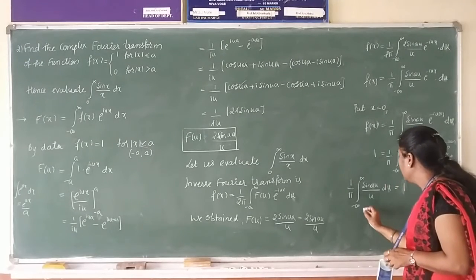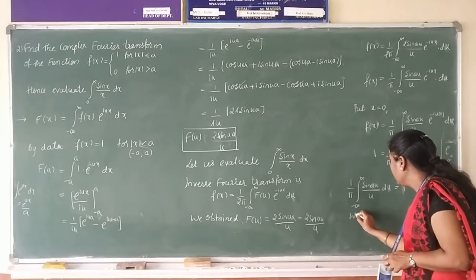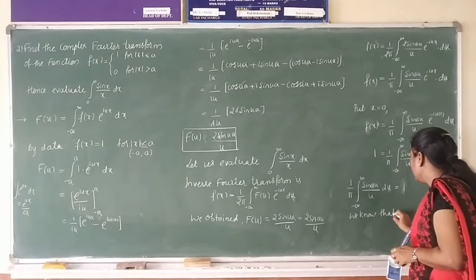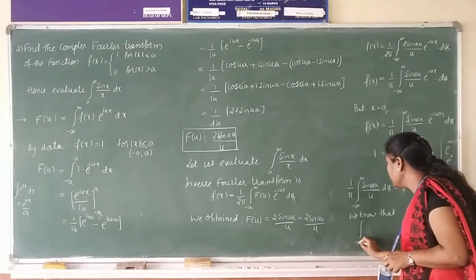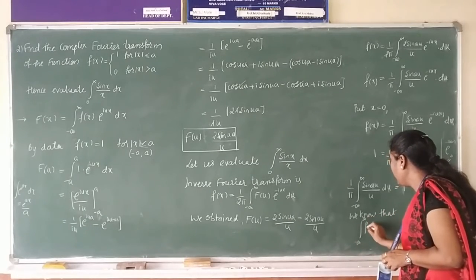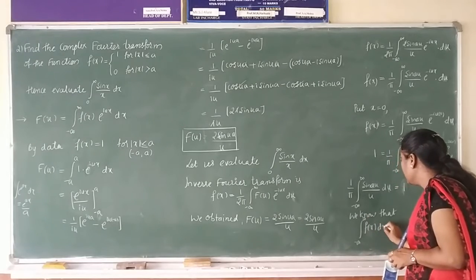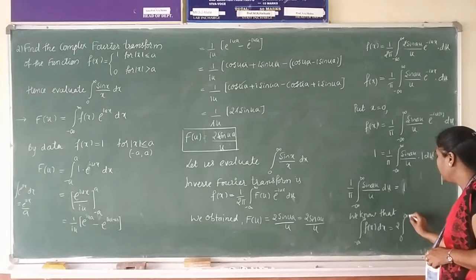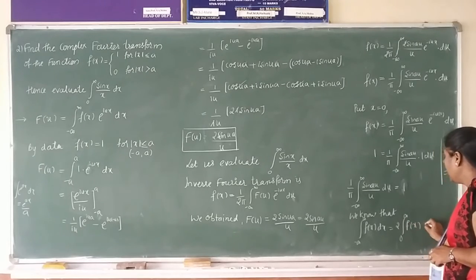Next, we know a basic property of integration, just reminding you: integration minus infinity to infinity f of x into dx we can write as 2 into integration 0 to infinity f of x into dx.